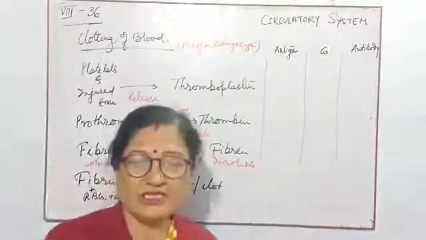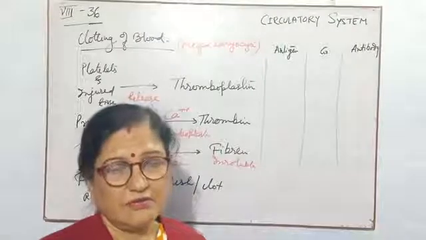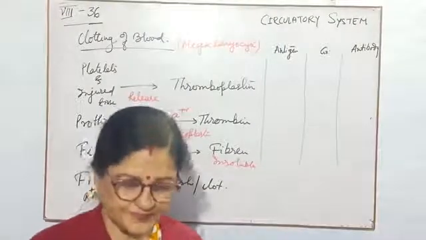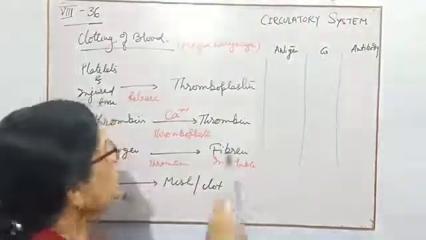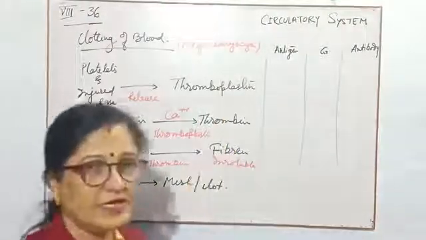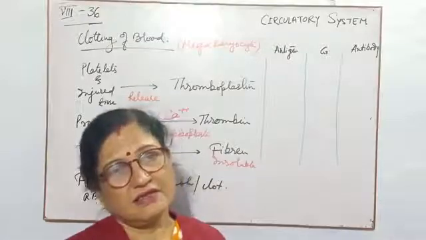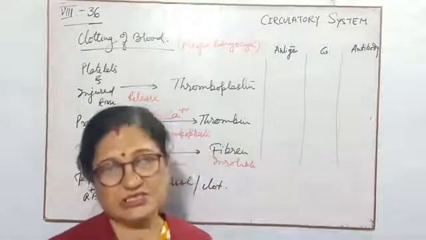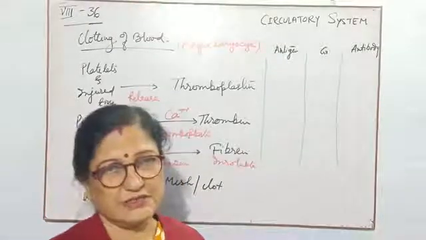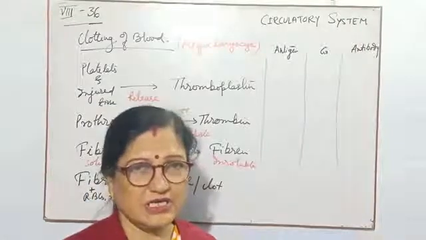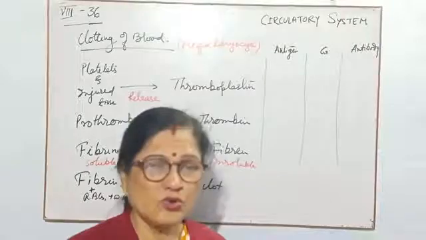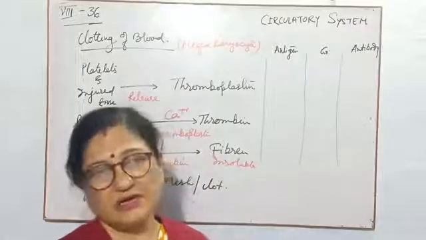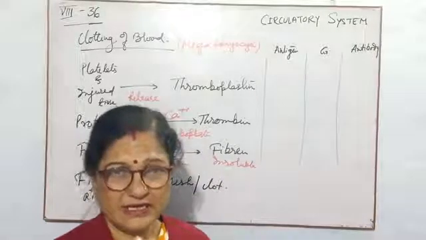Megakaryocyte is a very giant cell found in our bone marrow, and when megakaryocytes are broken into pieces, they change into blood platelets. One megakaryocyte can give 1000 to 10,000 platelets at a time.